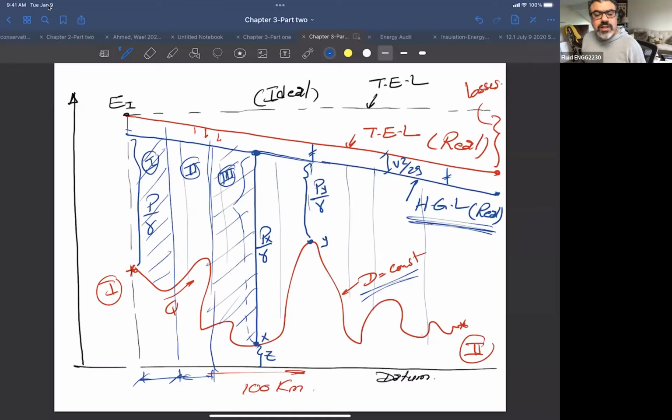And it looks like maybe for this kilometer here, this part here, I need to have higher pressure, right? So I need to have a pipeline with a thickness to stand these high pressures, right? But maybe in the beginning here, I don't need that much, right?